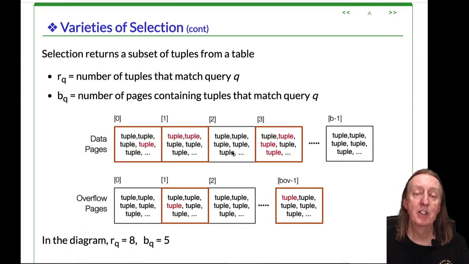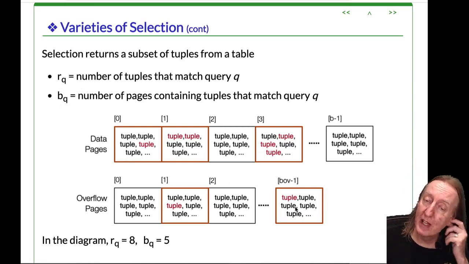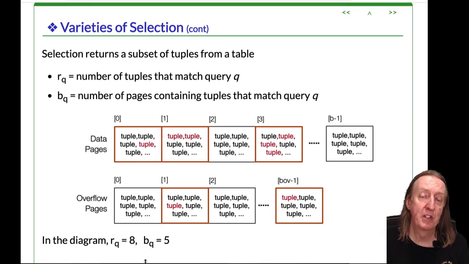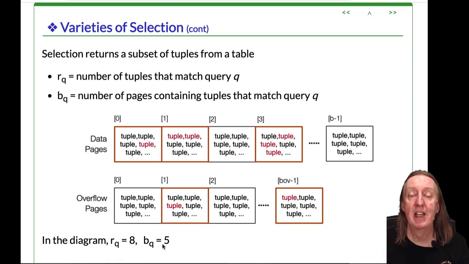But in any case, some tuples will match, and we'll call the total number of tuples that match RQ. And another quantity that I've already mentioned is the number of pages that contain matching tuples, and we'll call that BQ. So in this diagram here, we've got 8 matching tuples, and they are located in 5 different pages.